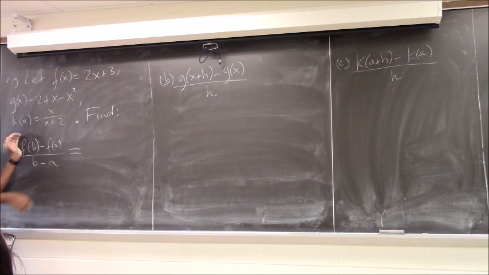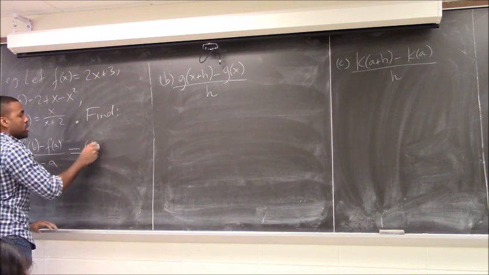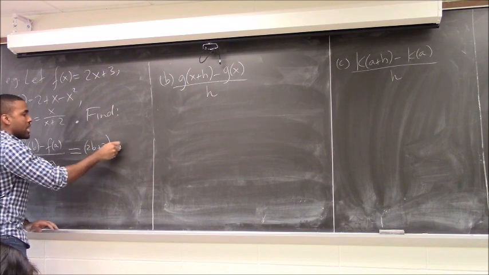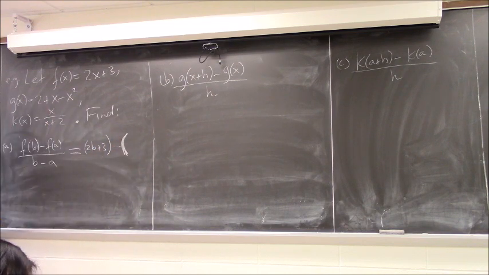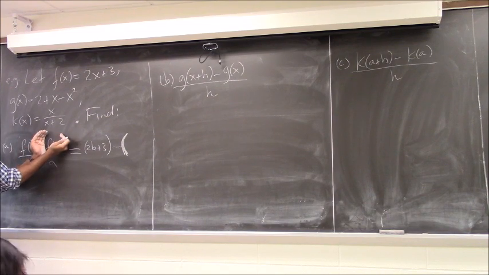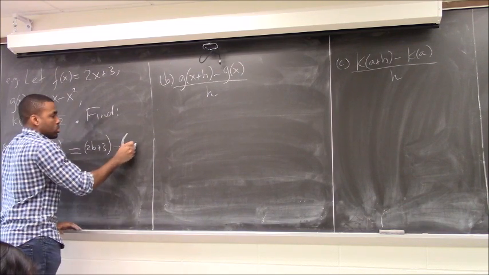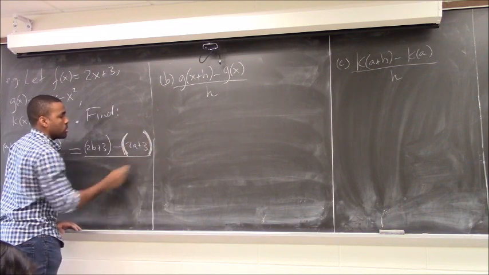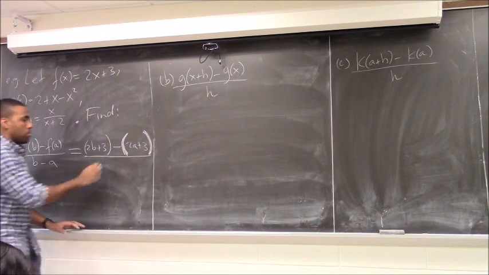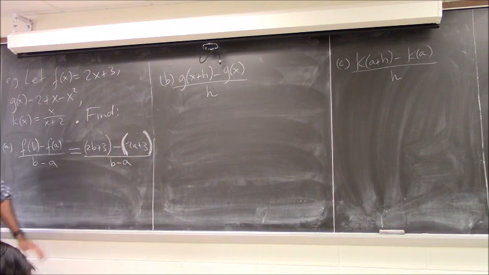Just plug in b for x. 2b plus 3 minus parentheses, and this one is super important to write, f of a, 2a plus 3, over b minus a. That's the first step.